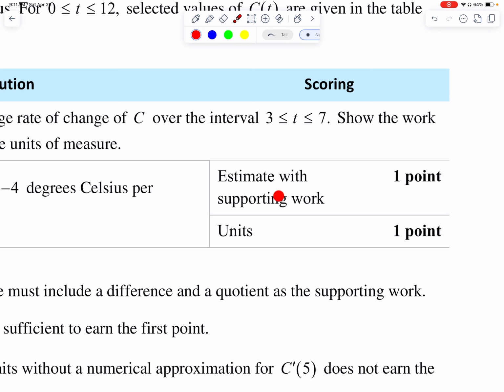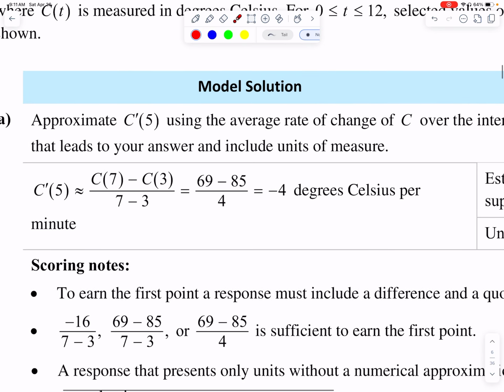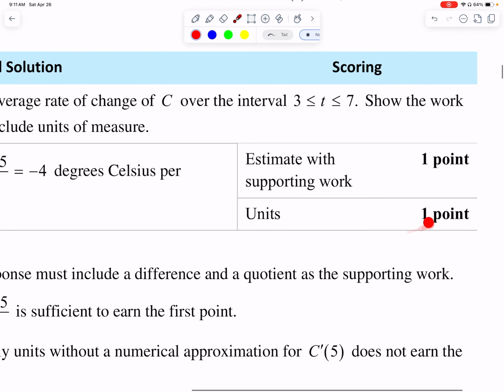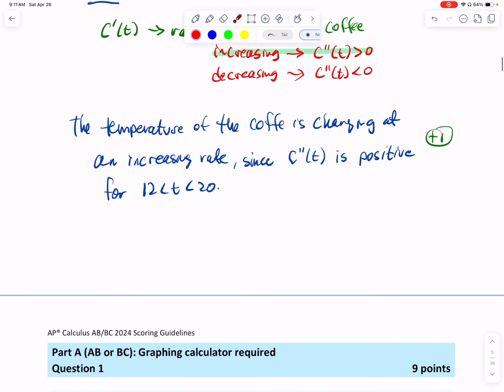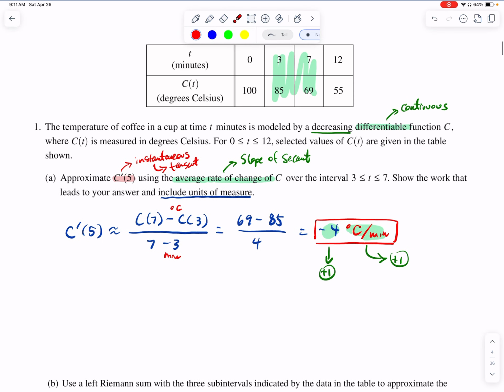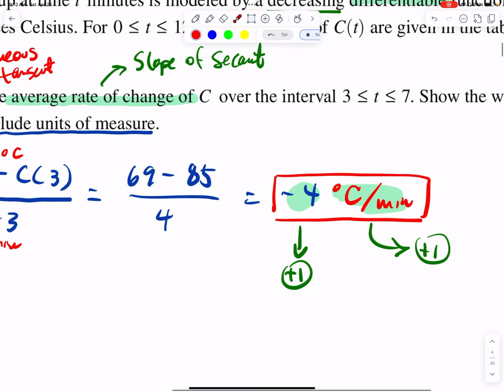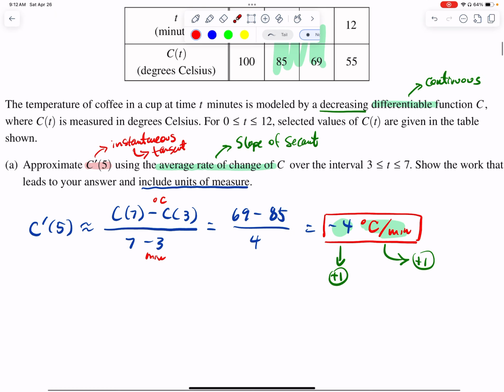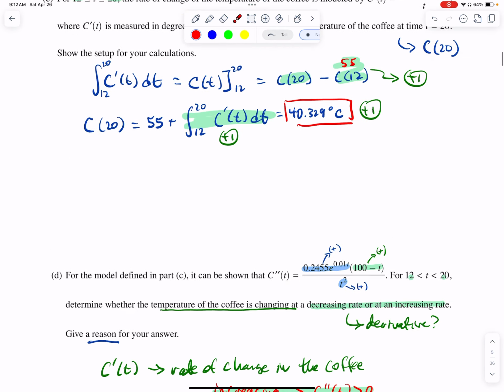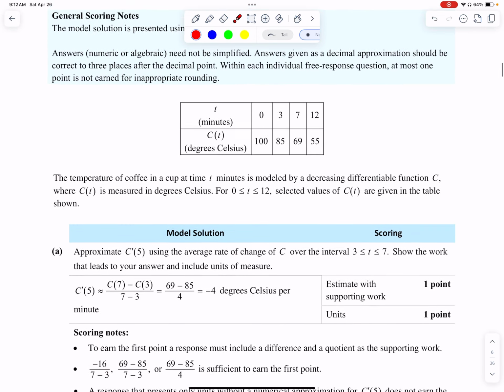We have the estimate with supporting work was a point, so actually having the difference quotient of the slope calculation there, and then having the units was a point. I do believe that's the two things that I said up here, wasn't it? Yes, so here's the -4 for a point, and then the units. Degrees Celsius per minute, did they tell us that?